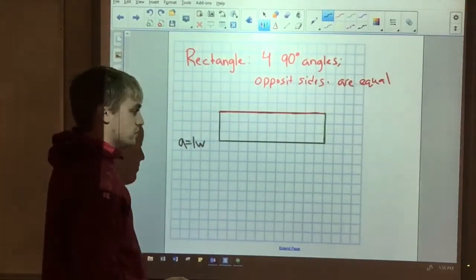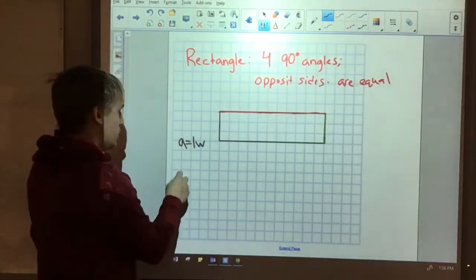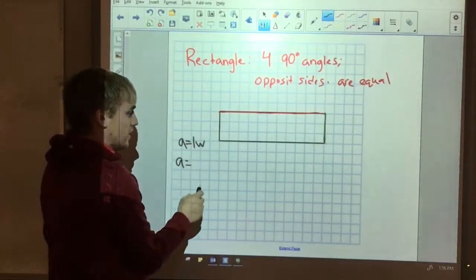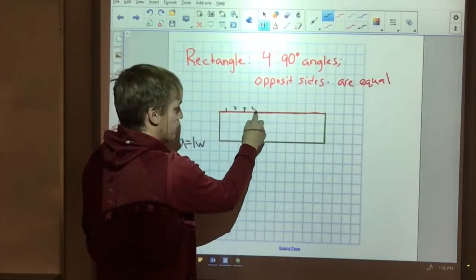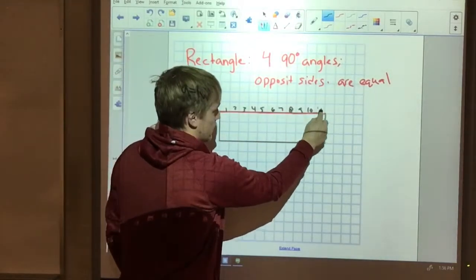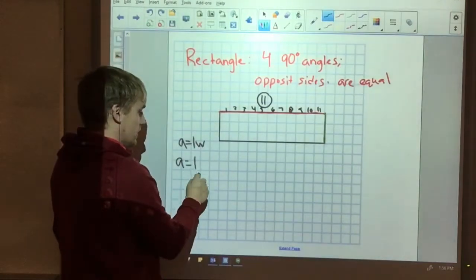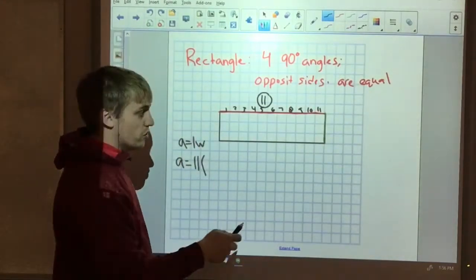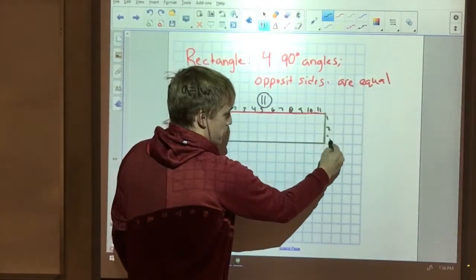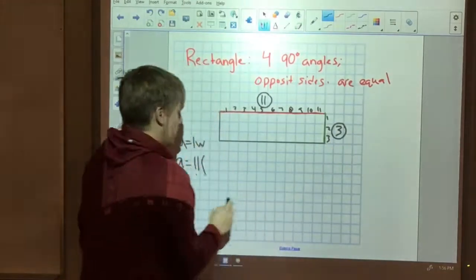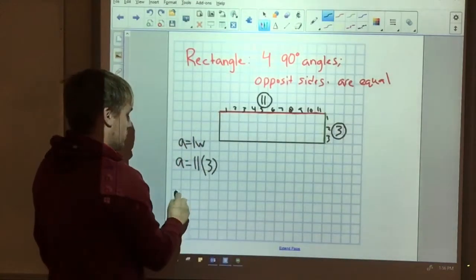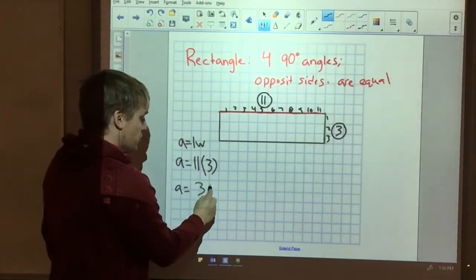Area equals length times width. We're going to use that formula. Area equals length. We're going to count this. 1, 2, 3, 4, 5, 6, 7, 8, 9, 10, 11. So this side is 11, and that's the length. Our width is usually the shorter side, so 1, 2, 3. The width over here is 3. So area equals 11 times 3 is 33.